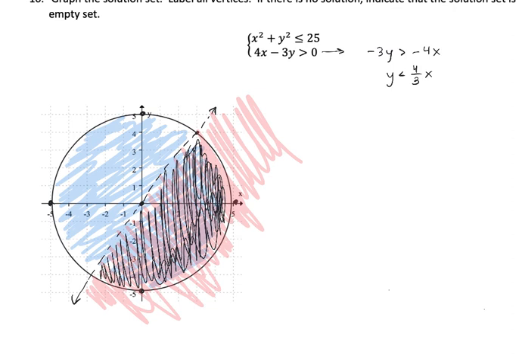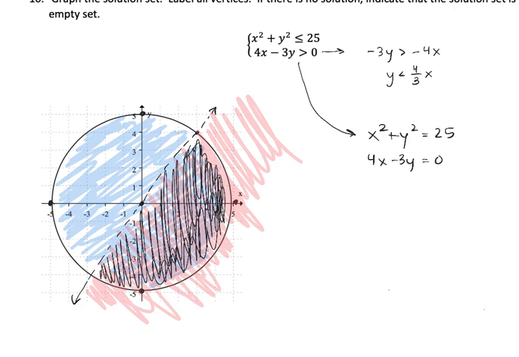So now we take this system of inequalities. To find the vertices, we change them into equations. Now, these are not like terms, so we cannot use the elimination method.